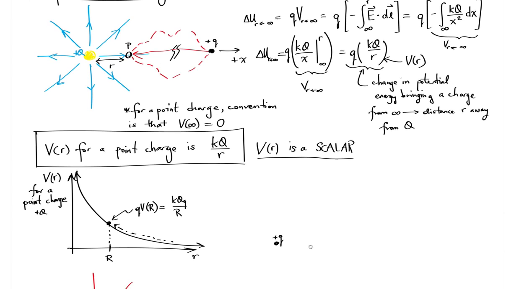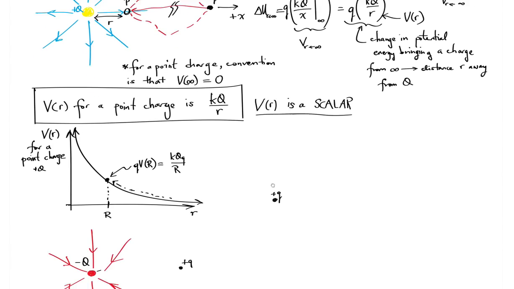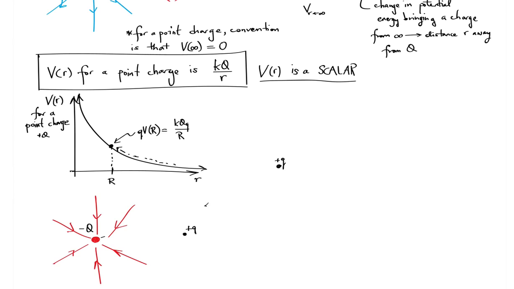So in the end, I do the exact same calculation, and what I get is that V of R for a negative charge, minus Q, is going to be just minus K big Q over R, right?